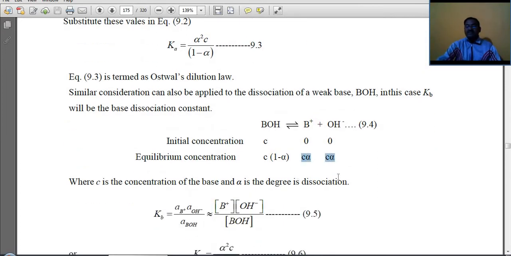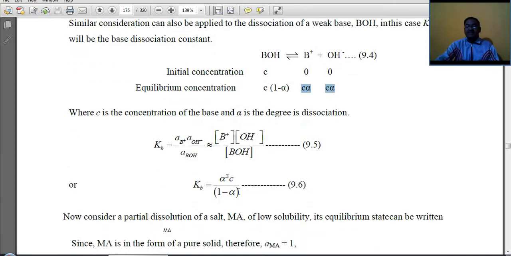The concentrations of B plus and OH minus are C alpha, C alpha. Here C is the concentration of the base, alpha is the degree of dissociation. Here, Kb is equal to alpha square C by 1 minus alpha.